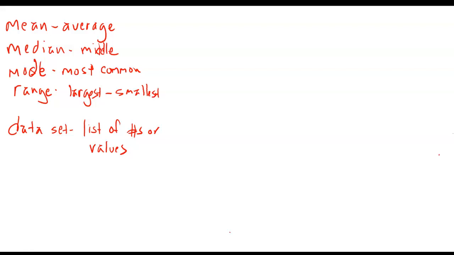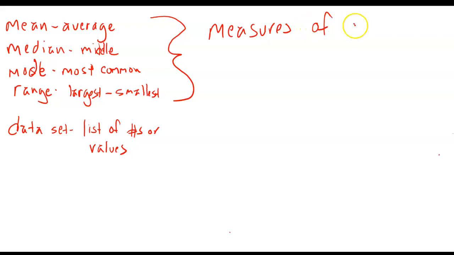And all of these together, these four things, are measures of central tendency. And that's just a math way of saying, that's just a math word, but you need to recognize it because you're going to have questions that say, which measure of central tendency does this? And you're going to have to identify which one of those four things it's talking about.